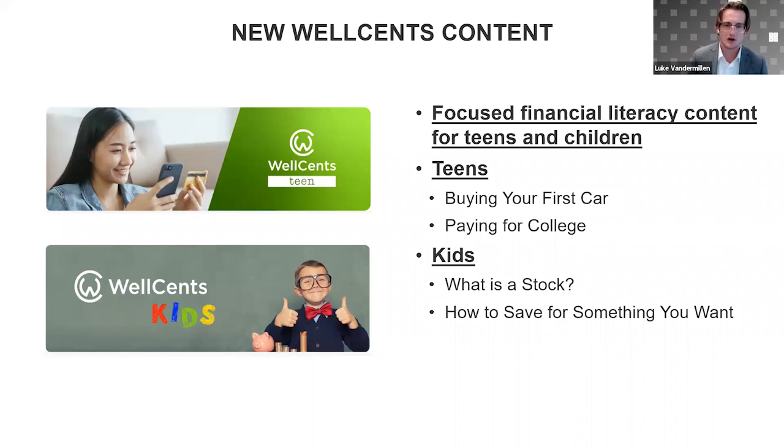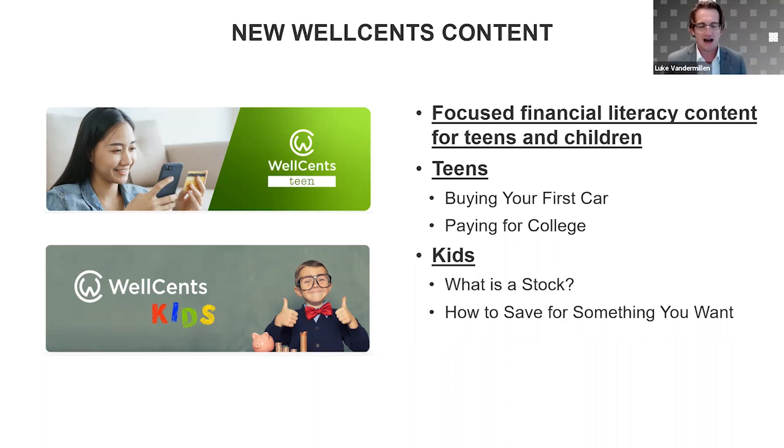And to keep building out our content, we've also added some content that is specifically related to teenagers and children. So this is another great way to add a little benefit for your employers who have employees who might have teens or kids in the house.